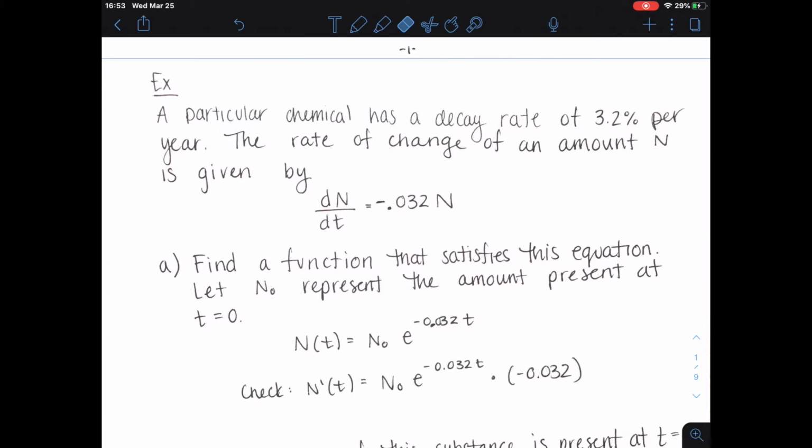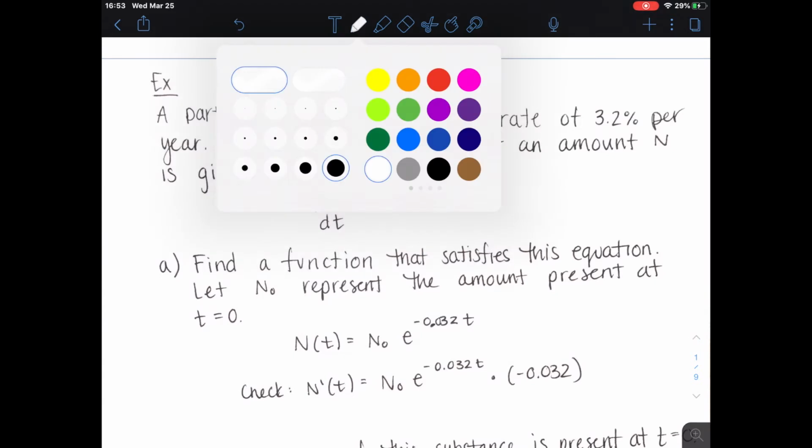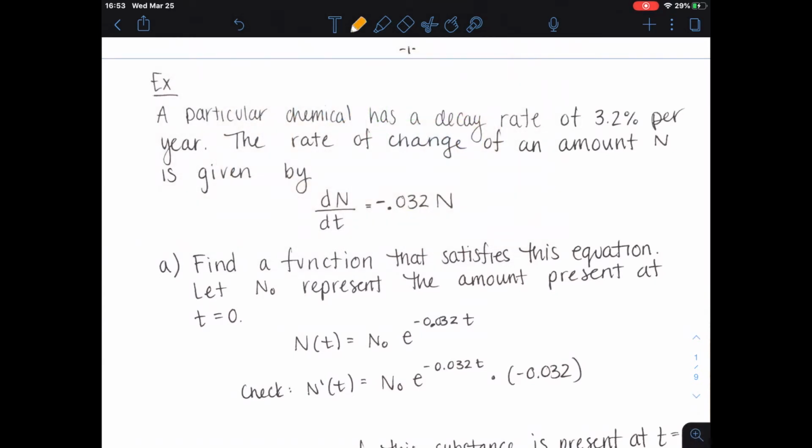So you can always check it by going ahead and differentiating, just making sure that when you take the derivative, you get this extra negative 0.032 that pops out by chain rule. And then this part here is exactly the population N of t. So yes, the rate of change is negative 0.032 times N. So this is good.